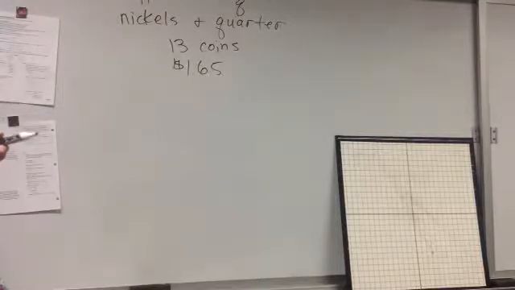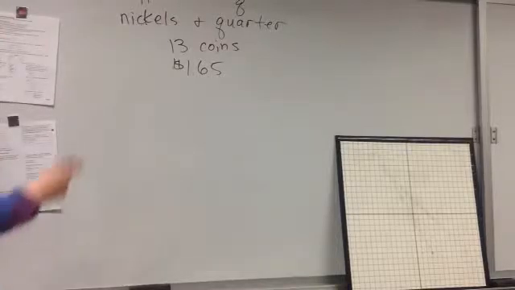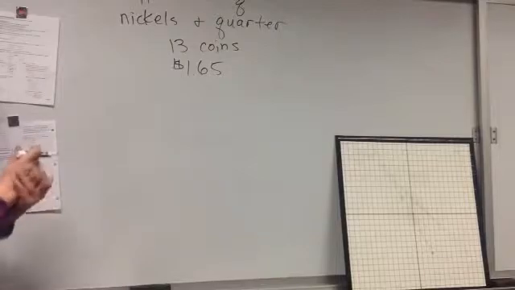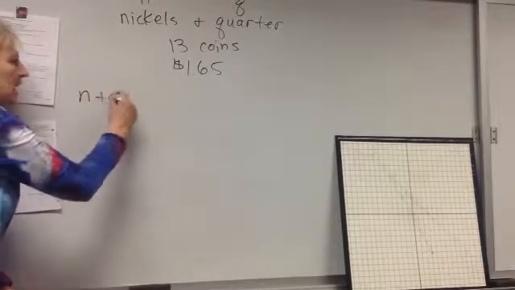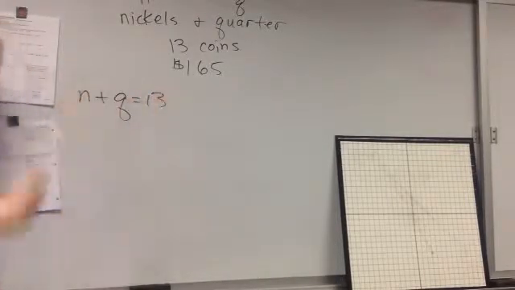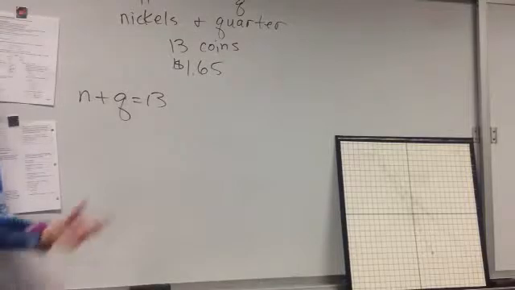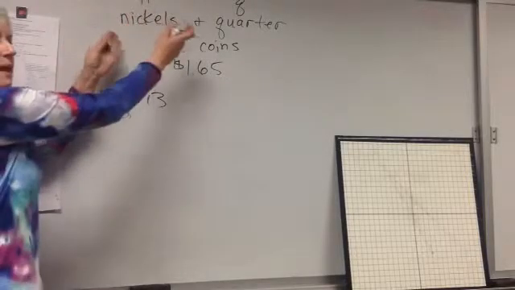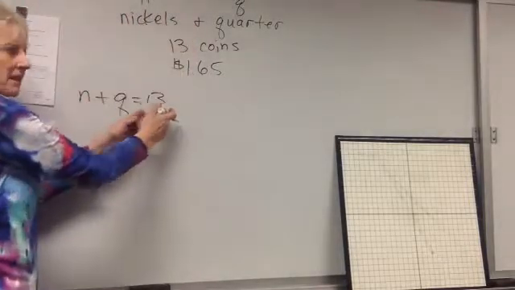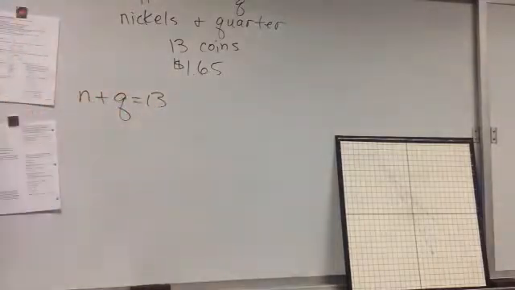All right. We have 13 coins of nickels and quarters. You're going to start like that every time. If I said dimes and nickels, it'd be D plus N. Just take however many coins you have equals, we don't know the amount.